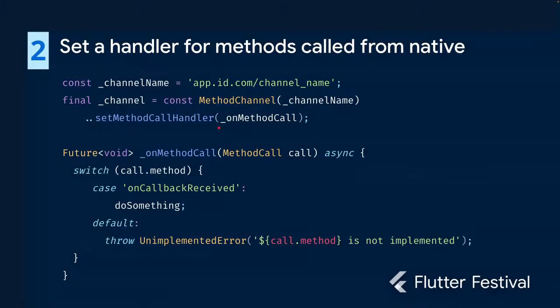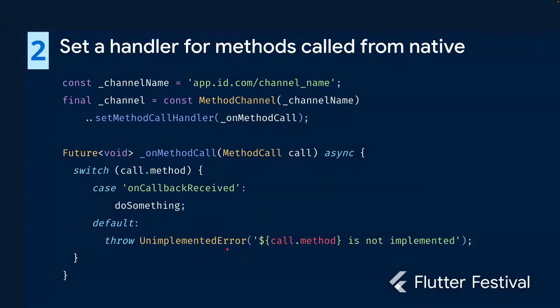So I'm saying, if my native side, Swift or Kotlin, has called a method with that name, I'm doing a switch statement over the methods that I'm expecting from the native side. If these methods were called, please do whatever. The default will be an unimplemented error.